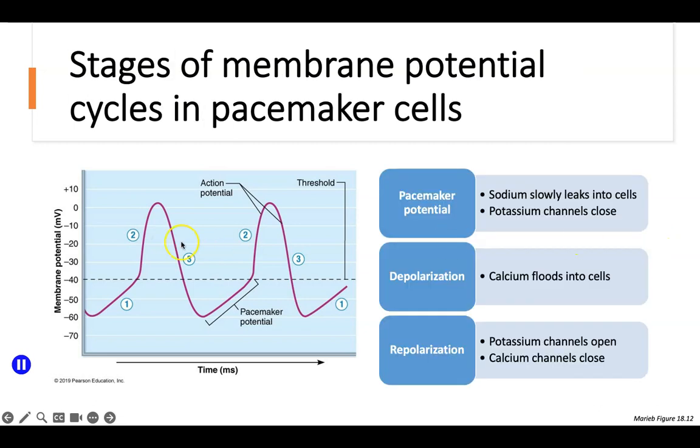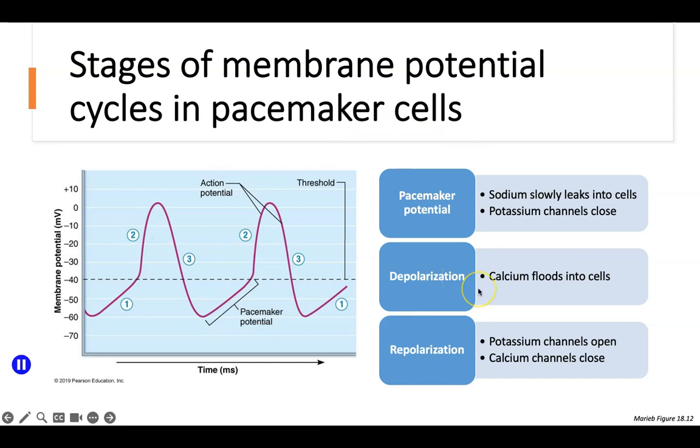We have three major stages of the membrane potential cycle in those pacemaker cells. First off, we have the pacemaker potential itself, number one. This is caused by a slow leak of sodium into the cells. So here we have sodium slowly leaking into those conducting cells. Once it reaches the threshold potential for this action potential, we're going to hit the next stage of that cycle, which is depolarization.